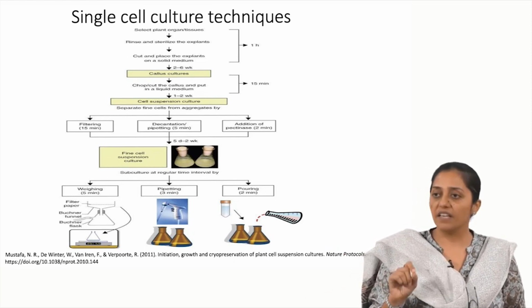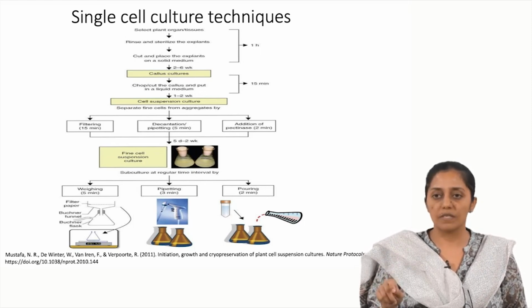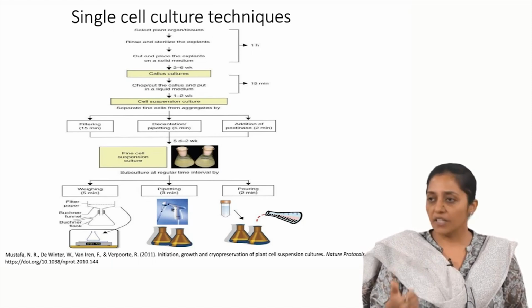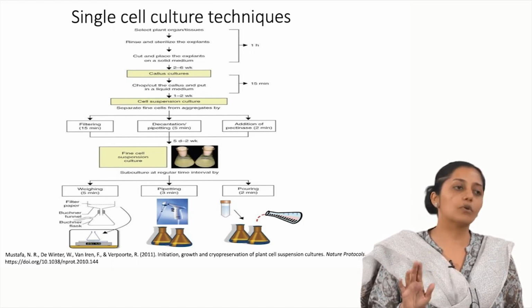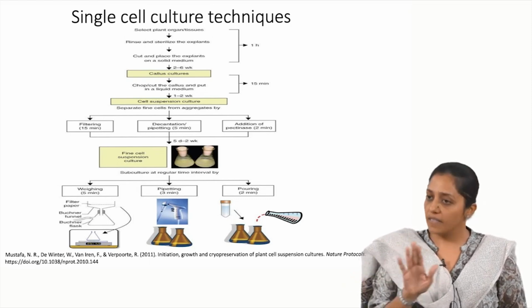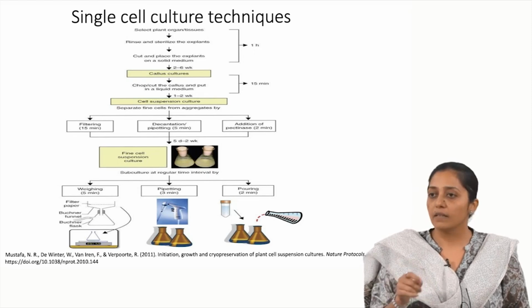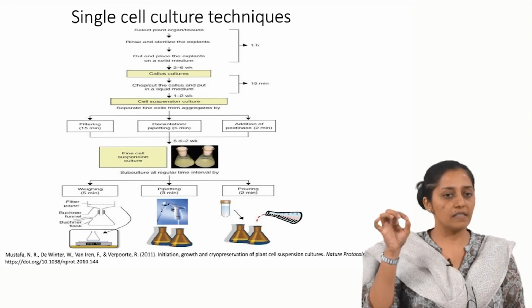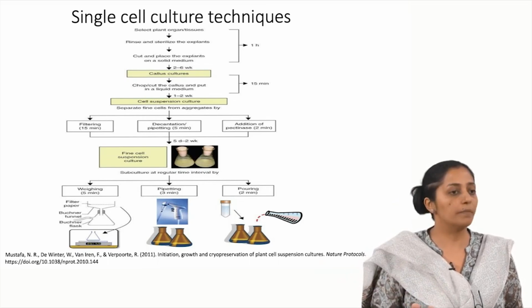Now, what is key here is that, as you do in fermentation of microbes, inoculum age and inoculum size have a role to play in your growth and production kinetics. Same is true here. It is not that if you directly take the cells, they will start dividing. It depends on the conditions, on the production medium.